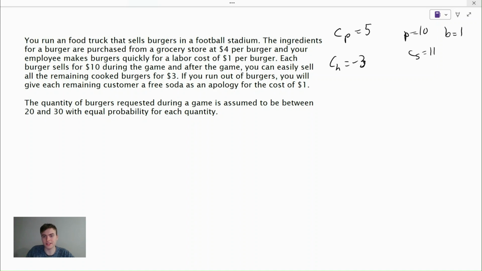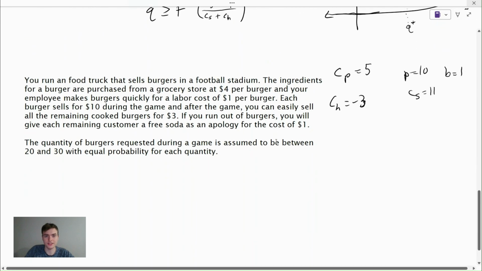And so given these unit costs, we can compute the critical ratio using the formula up above, right?